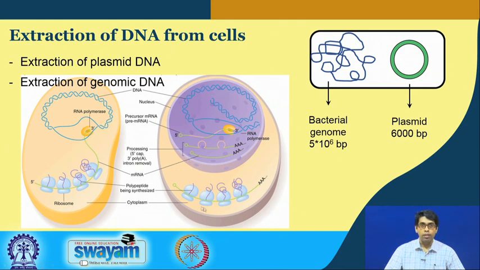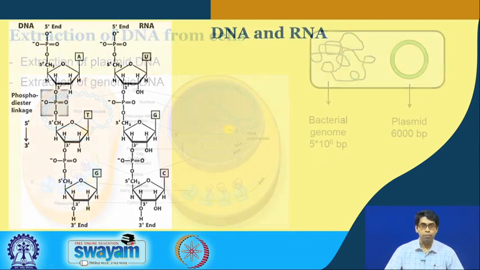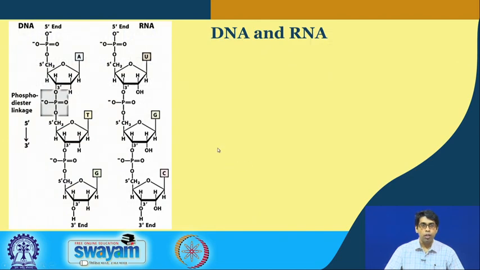Similarly, if we crack open a eukaryotic cell, where we have even more compartmentalized components, all of these will come out along with a lot of cellular membrane or different organelle membranes.